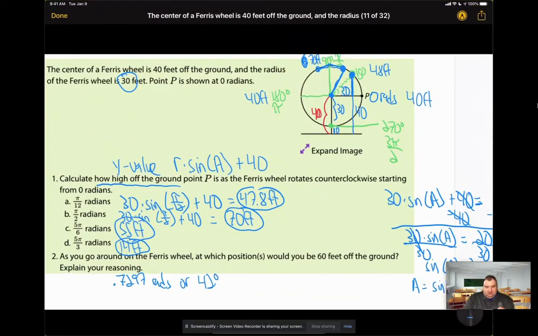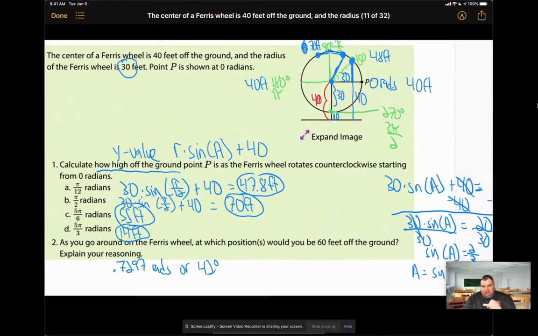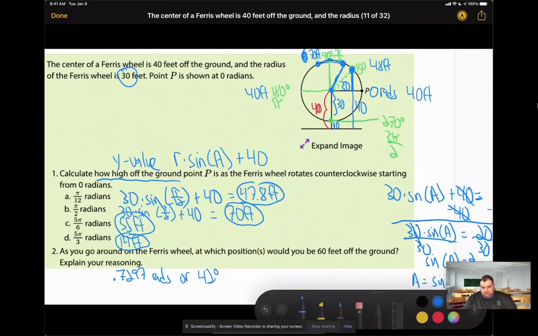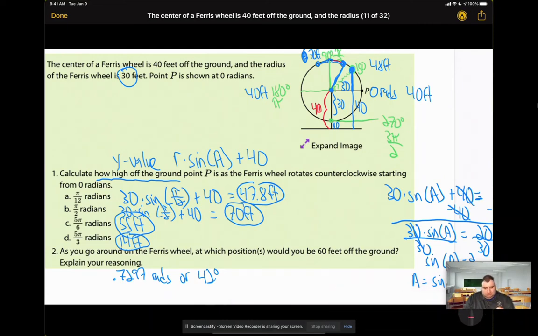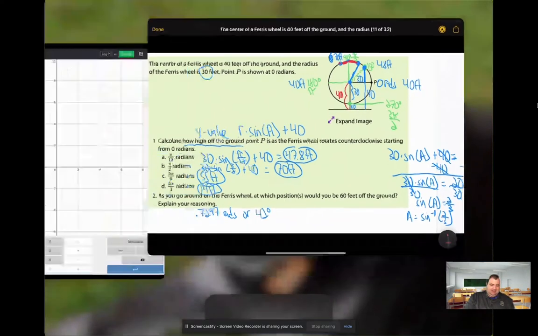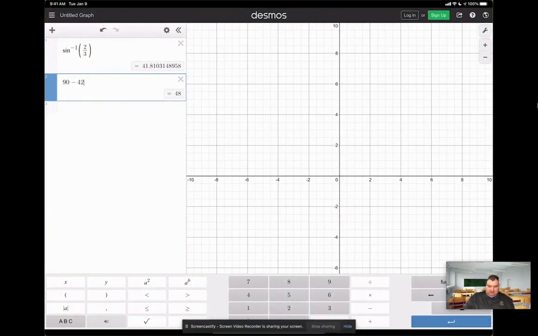So that means there's 48 degrees between here and 90. So I need to go 48 degrees on the other side of 90 to get this second point right here. So I need to take 90 and add 48. Okay, and I get 138 degrees.